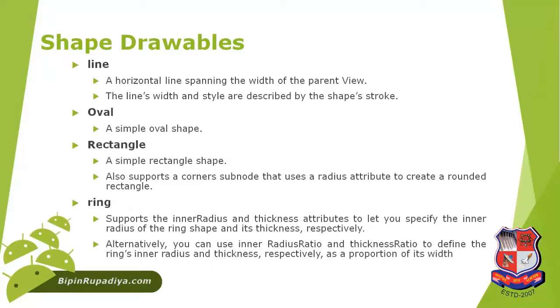Next one is the rectangle. We have already created a rectangle. It is possible to make its edges rounded. A radius property is there where you specify how much radius the corners need to be rounded. If you specify a radius property, it will make a rounded rectangle.